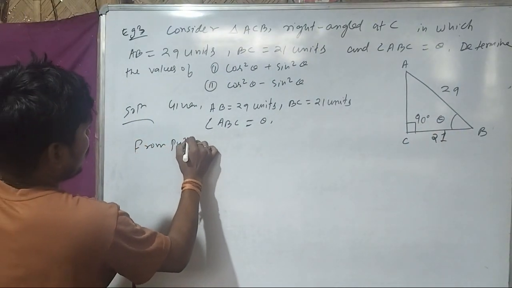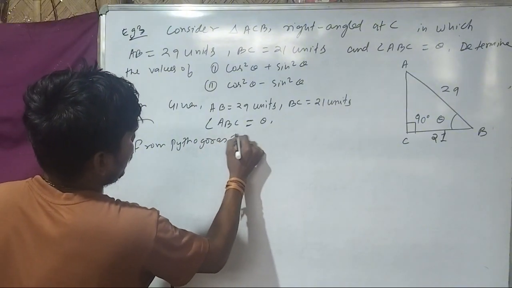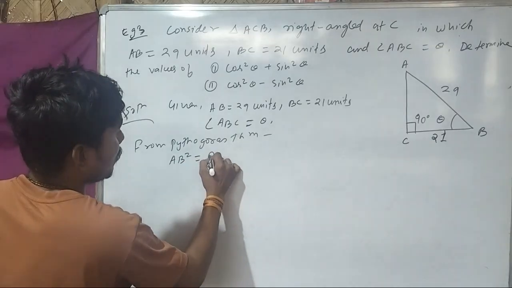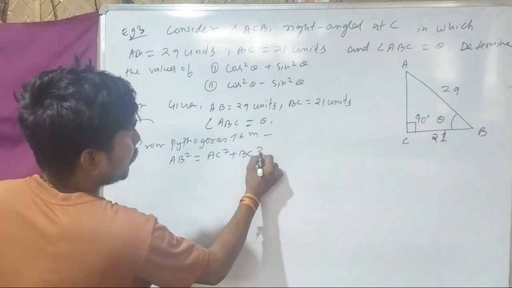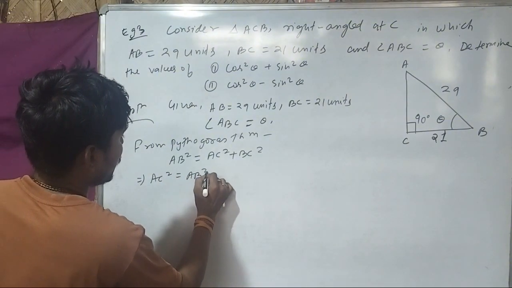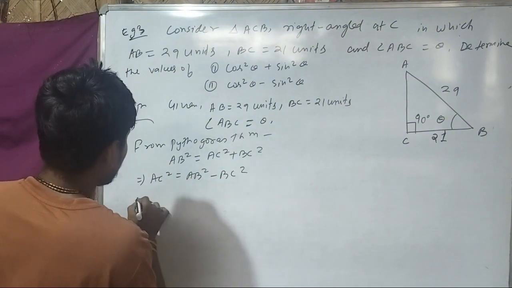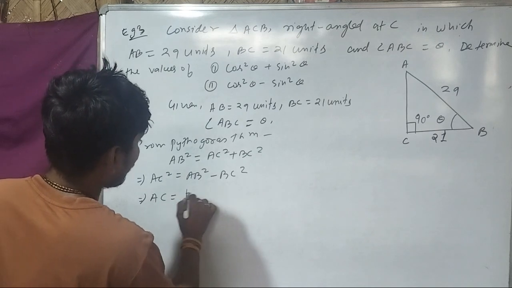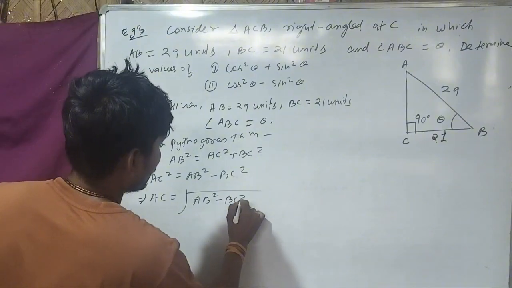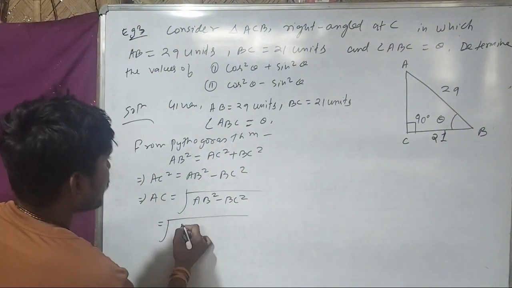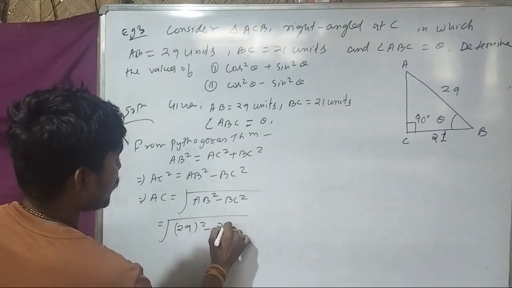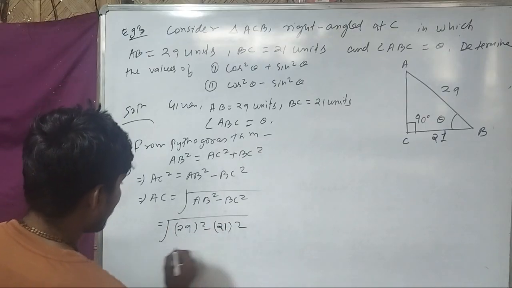From Pythagoras theorem, what can we write? AB square equal to AC square plus BC square. So AC square equals AB square minus BC square, and AC will be the square root of AB square minus BC square. AB is 29 and BC is 21.